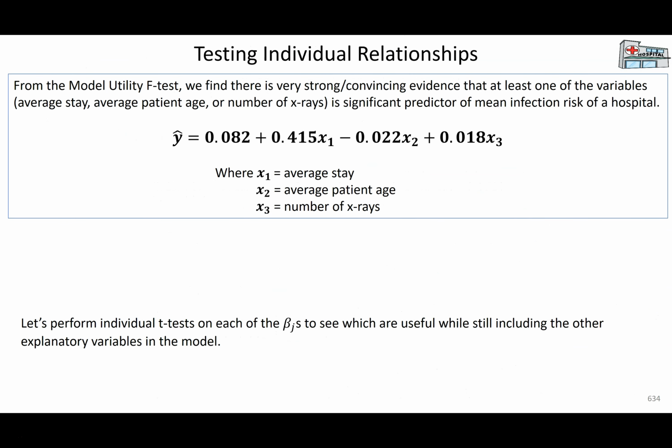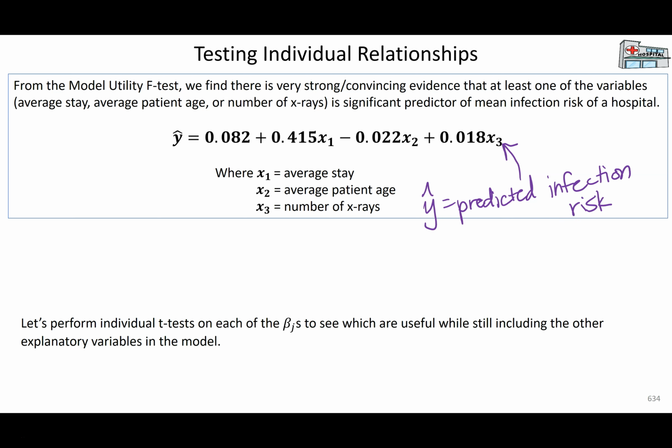So now that we've performed the model utility F-test and we found at least one of them is useful, we are going to go ahead and pursue, well, which ones are useful? So things to note here. We have our equation. We have y hat. We should have y hat is predicted infection risk.